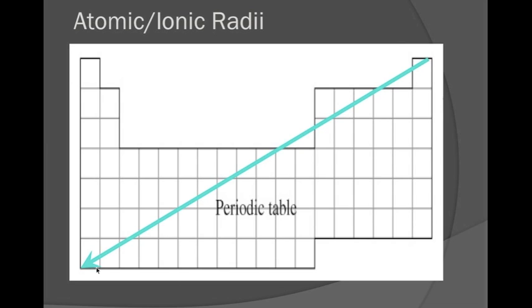And we see that atomic radius is just how it sounds. It is just how large an atom is. And they measure that by going from the center of the nucleus to another, a half of the distance between two bonded atoms that are together.